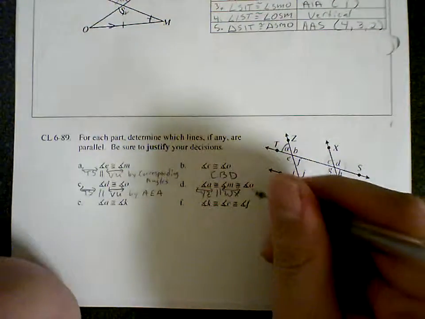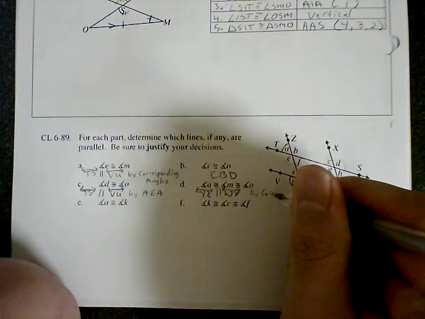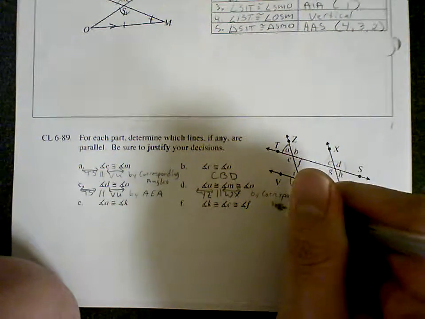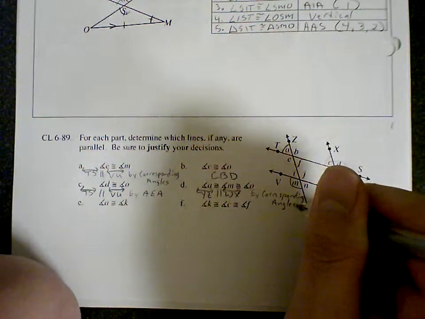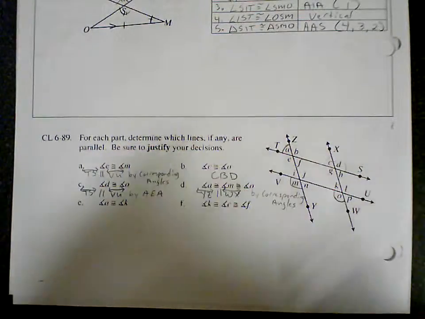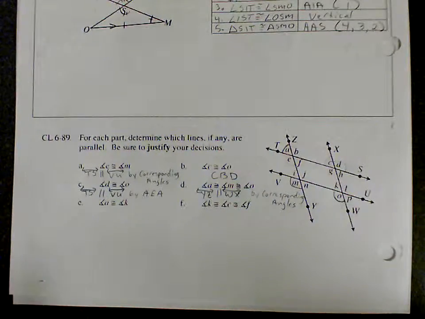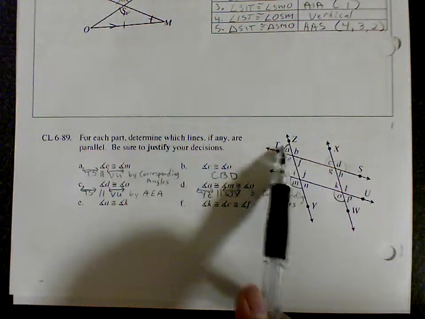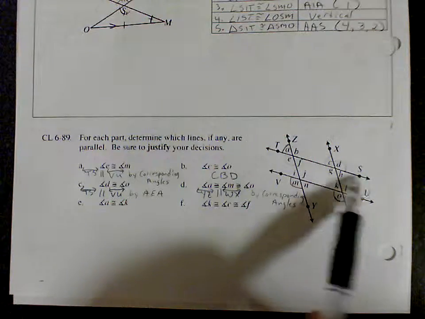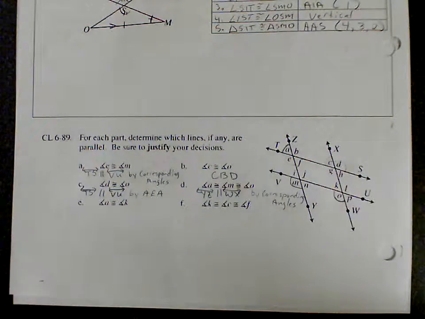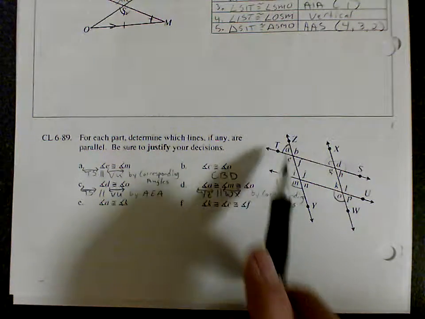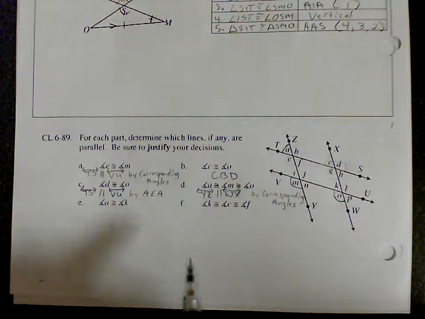Those are going to be corresponding. And then do we know anything about the other two lines? Since M and A are also congruent, do we know that these two more horizontal lines are parallel? And the answer to that is no. We have same side exterior angles, but same side exterior angles are supplementary, not congruent.